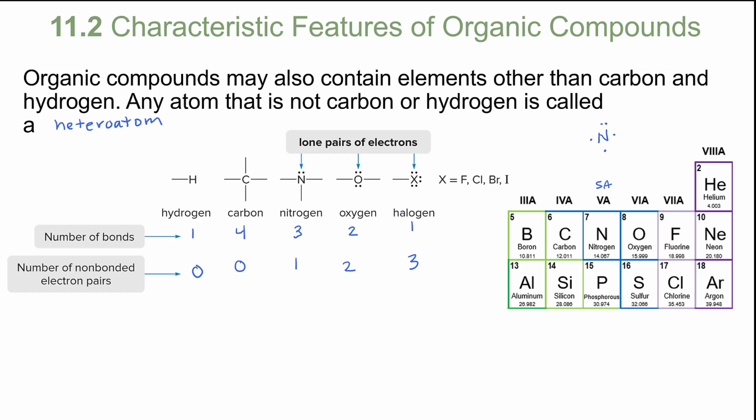Okay, so if we see an example here, this is the structure of methanol. That carbon is making 4 bonds. Oxygen has 2 lone pairs. So again, carbon has 4 bonds. Oxygen has 2 bonds and 2 lone pairs.